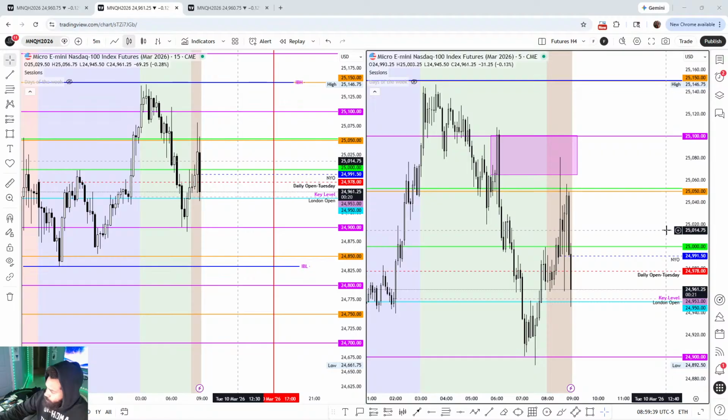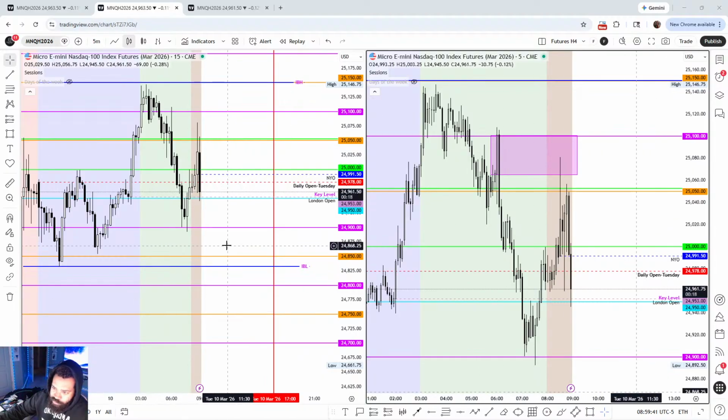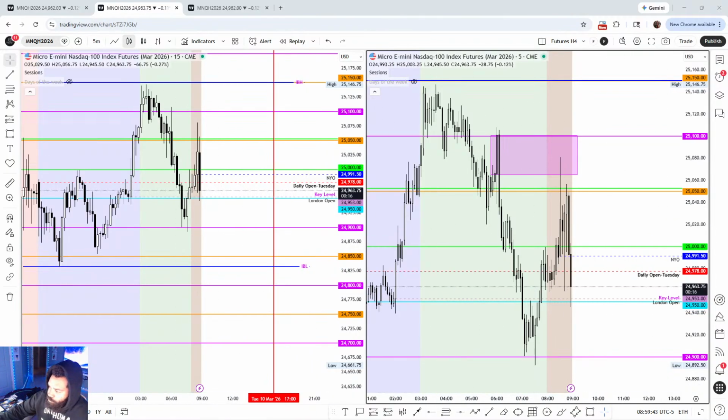Alright, we locked in on this 5 minute close though, because like I said, we're still inside this point of interest, and they're failing to go lower immediately.